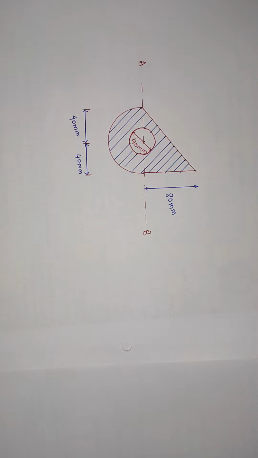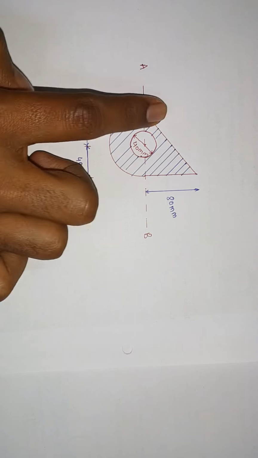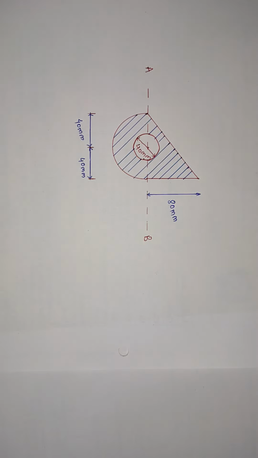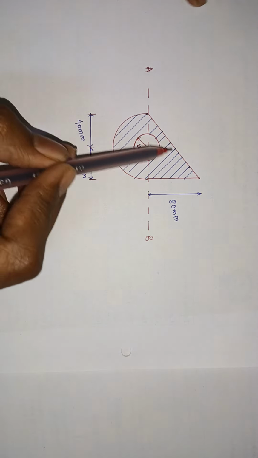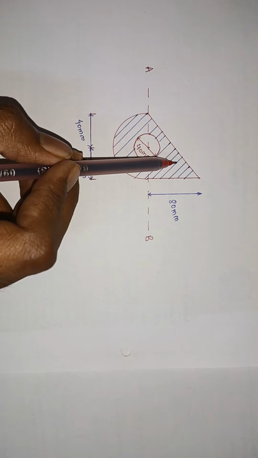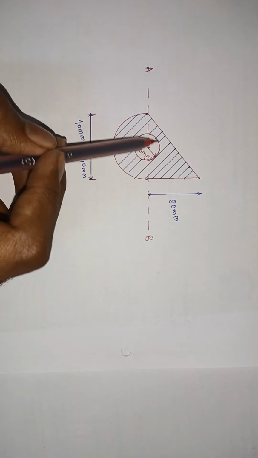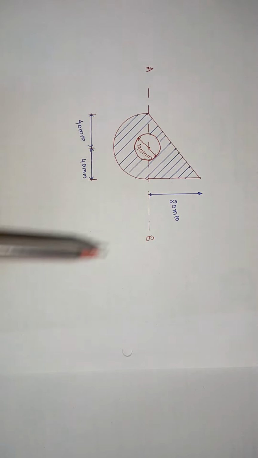In this video, we are going to find out the moment of inertia of this composite section about AB. The shaded portion is the only part required to calculate, and we have to subtract this from the remaining area.